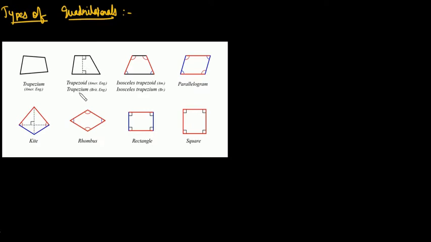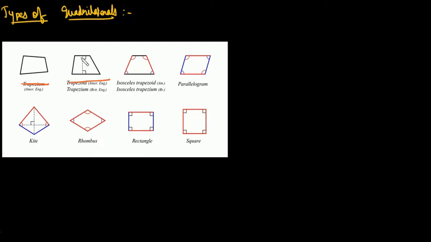So we are going to use British English. Trapezium means it should have parallel opposite sides and non-parallel opposite sides.